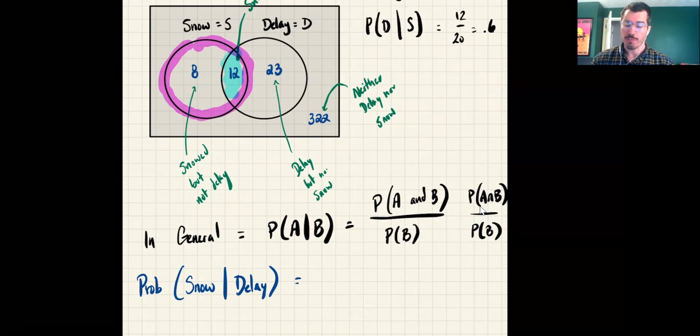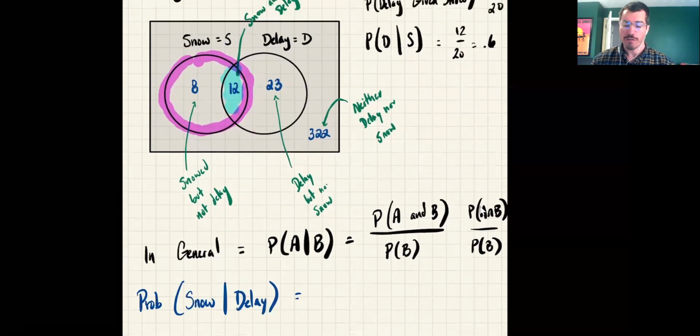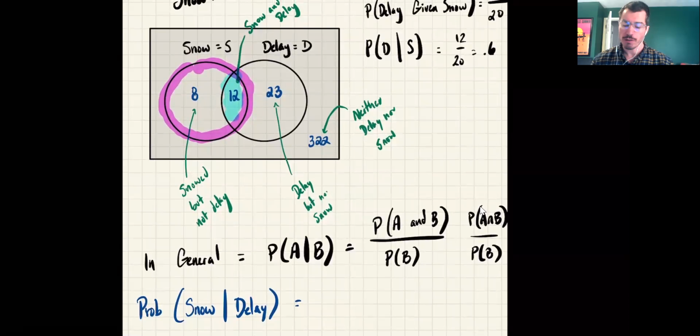Well, in that case, I've got the probability of A and B. So if I take a look here, the probability that it was snowing and delayed was 12 out of 365. That's the probability of snowing and delay, divided by the probability of just a delay. Hey, that's the probability of B.